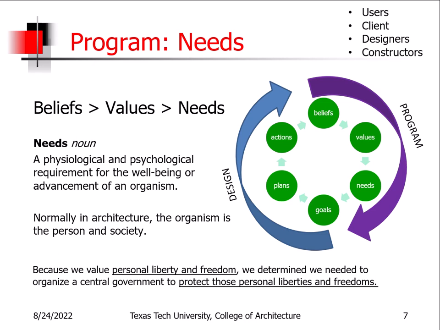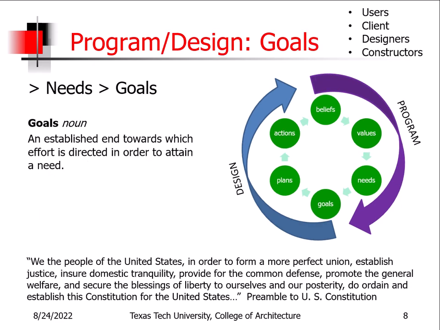Because we value personal liberty and freedom, we determined we needed to organize a central government to protect those personal liberties and freedoms. So we wrote a Constitution, which establishes our government and how it should be run to protect those freedoms.